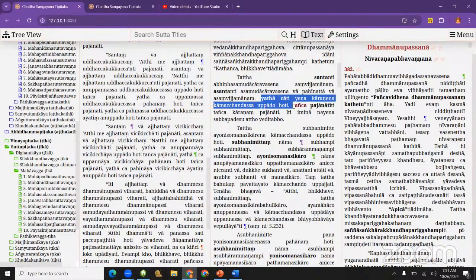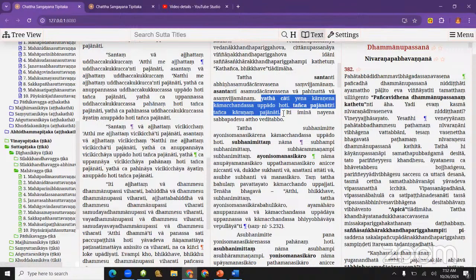And then again they explain tancha pajanati. What is the meaning of that? Tancha karanam pajanati means he knows that arising, right? Tancha pajanati means sometimes he knows the arising of kāmacchanda, or the lust, or he understands that kāmacchanda is not arising now, or he understands the eradication of kāmacchanda, or he understands that the eradicated kāmacchanda will in future no longer arise in him.